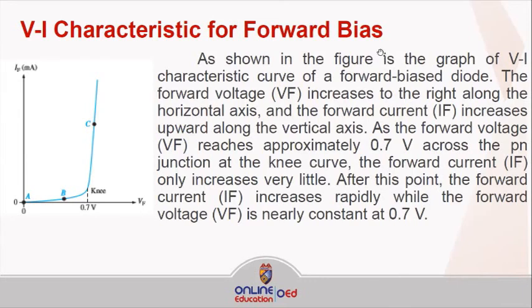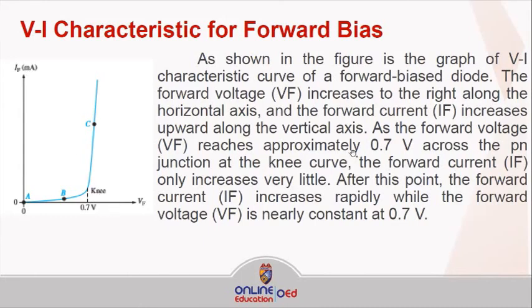Okay, sa condition natin yung forward voltage increases to the right, yun yung VF. Pataas yung increase niya as you can see in the figure. Then yung IF or forward current increases upward. Itong vertical, usually unit is in milliamperes.